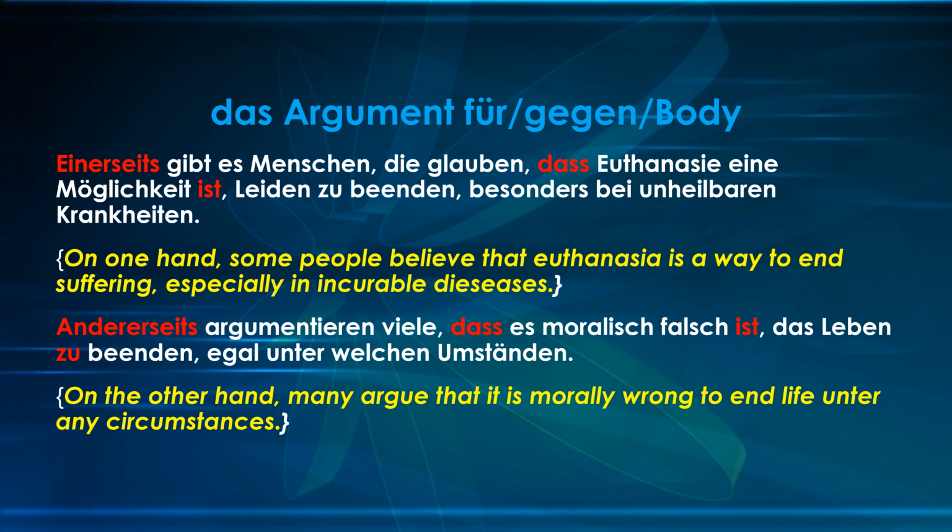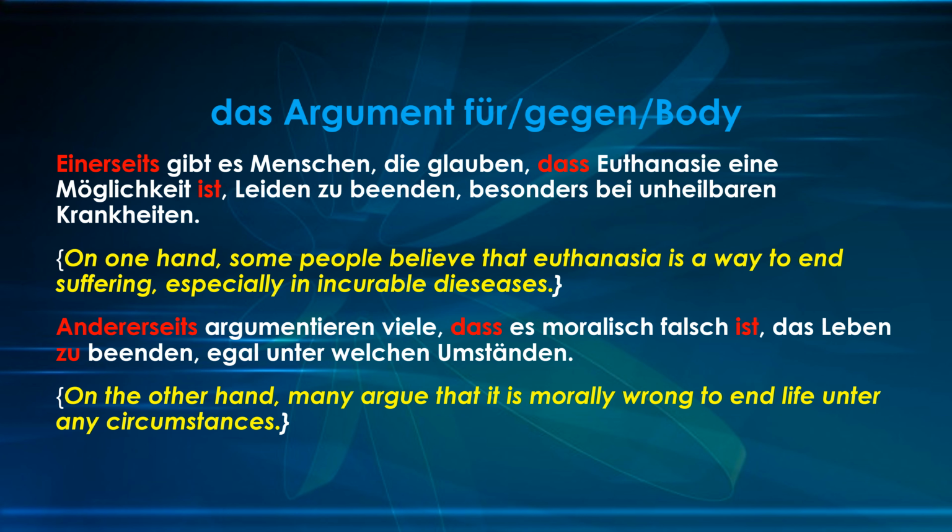So here's an example. You can say, einerseits, es gibt Menschen, die glauben, dass Euthanasie eine Möglichkeit ist, Leiden zu beenden, besonders bei unheilbaren Krankheiten. So on one hand, some people believe that euthanasia is a way to end suffering, especially in incurable diseases.